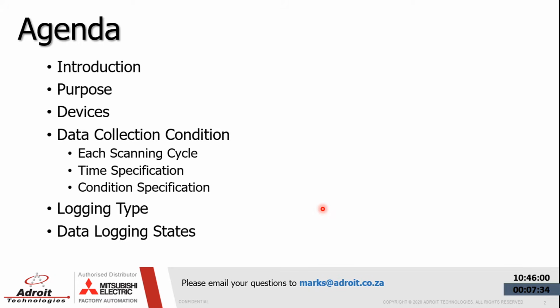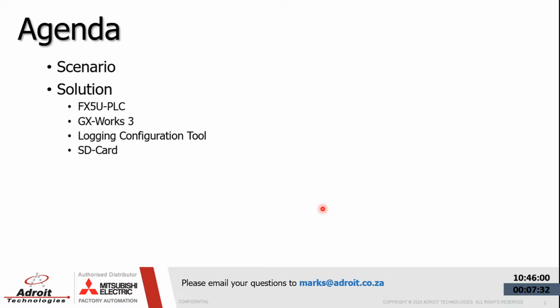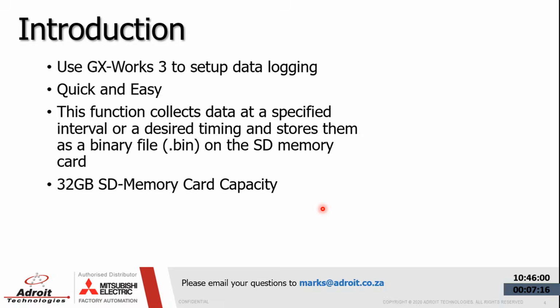The logging type, data logging states, then we'll look at a little scenario very similar to the one that I spoke about the other day. And then the actual solution. I'll run through the solution with you guys with the FX5U, GXWorks 3 logging configurator tool, and of course an SD card.